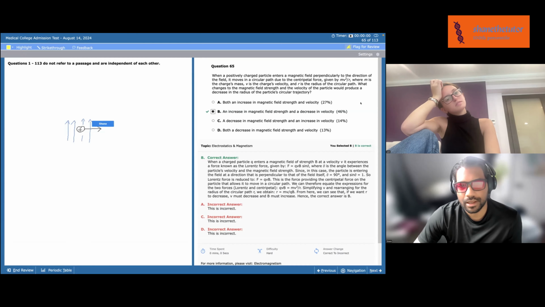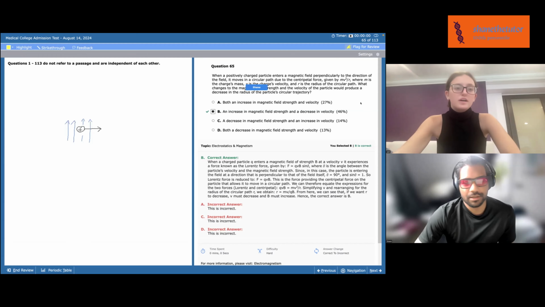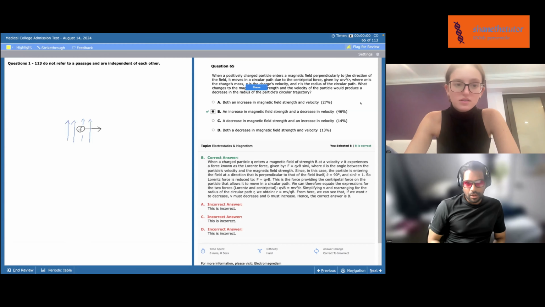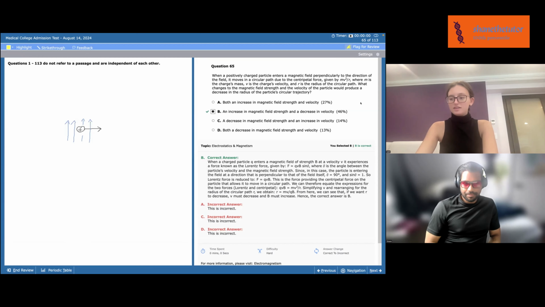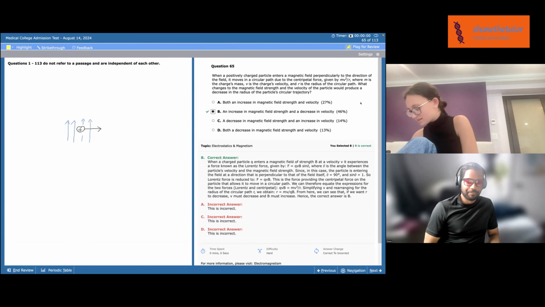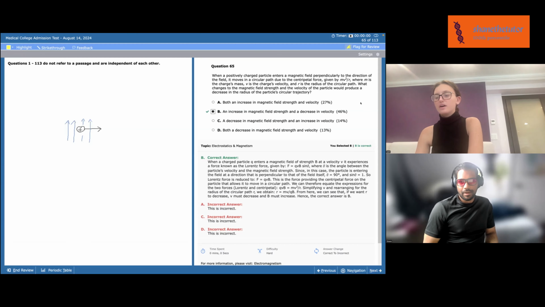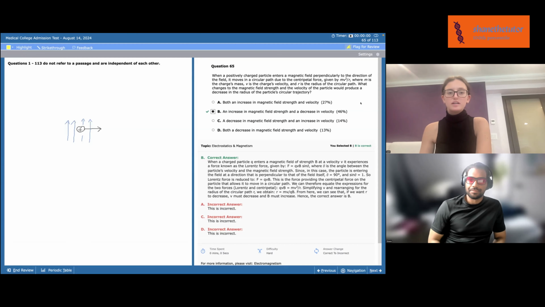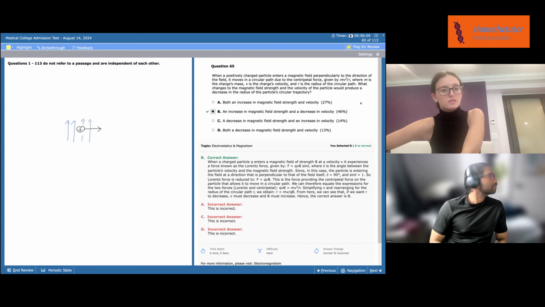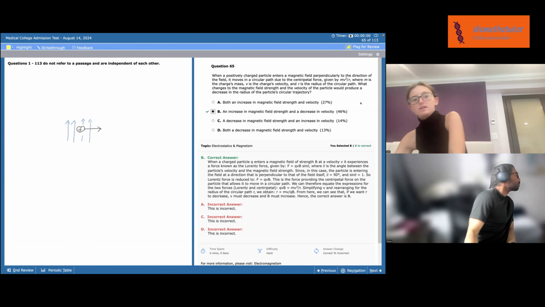Towards the negative side, right? Well, for a magnetic field, if it was an electric field, that would be from positive to negative. But for magnetic, isn't it like the positive would have to go towards the negative side?